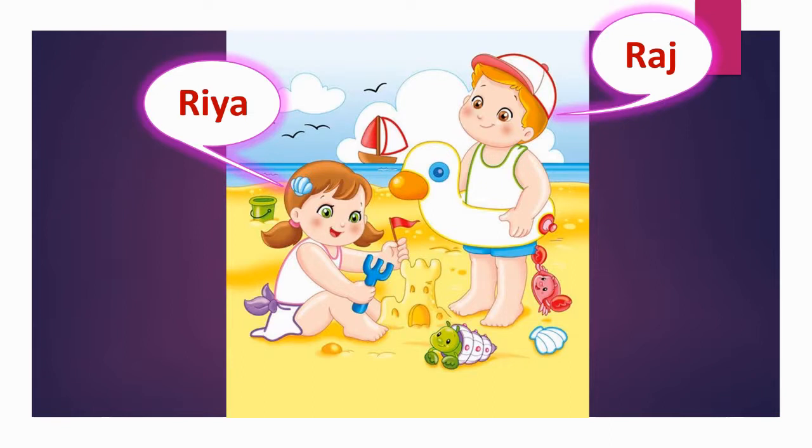You can see all these things around them on the beach. Riya is making a sand castle and Raj is talking to Riya. So Riya has the flag in hand and Raj has a swim tube. Okay, now let's see the next.